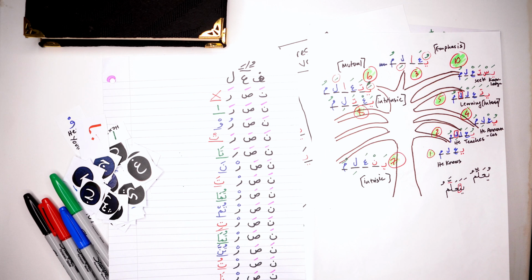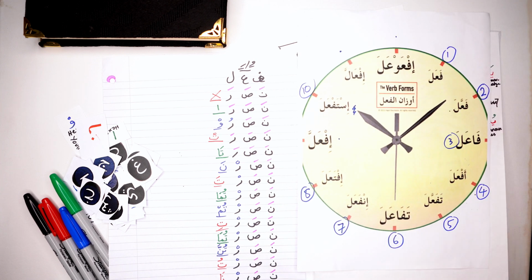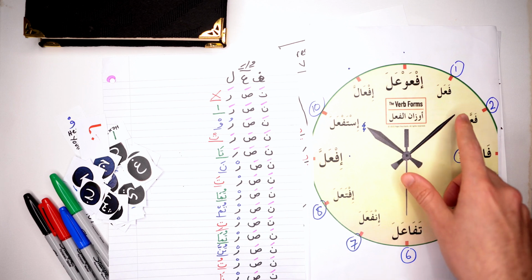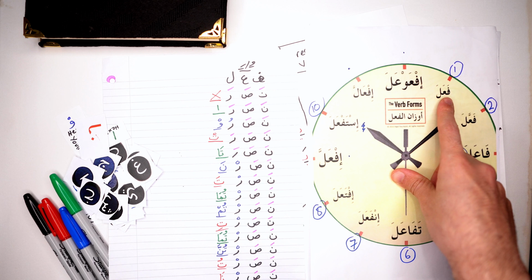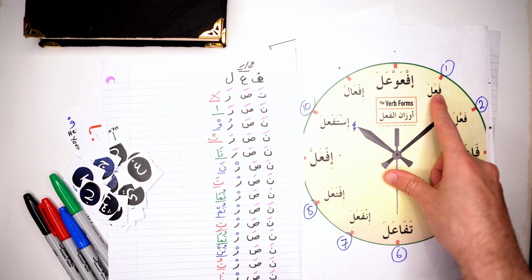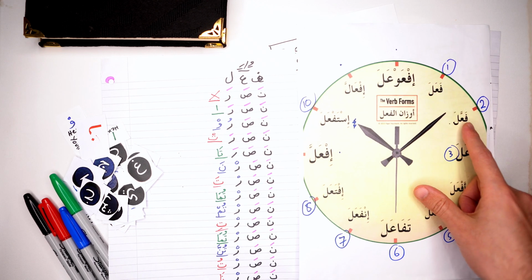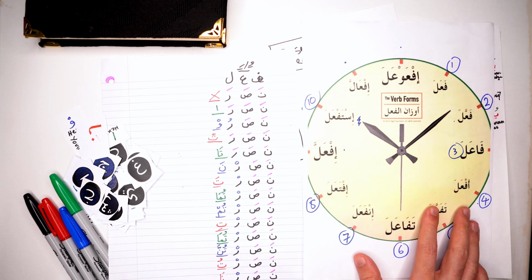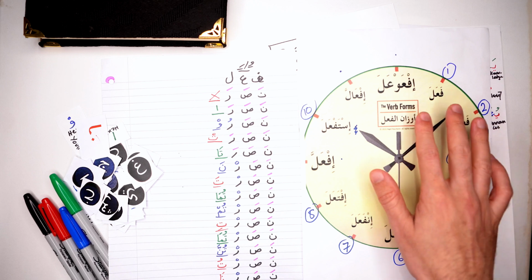And I showed you the clock, if you guys are familiar with it. I don't know how much you have been using this clock, but it basically represents all the different forms of the verbs, and these are actually in the past. At the moment, for the past ones, we're just focusing on number 1. But we still have 2, 3, 4, 5, 6, 7, 8, and 10 to understand. They all work in the same way.